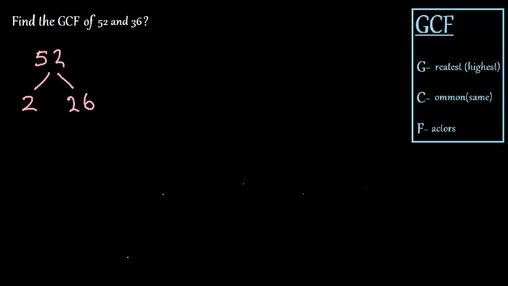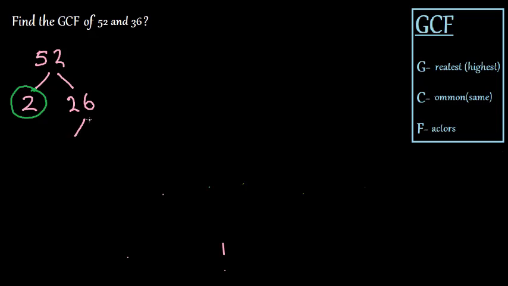Also, if you don't know what prime numbers are, you can go back to the factors and multiples video and check out what prime numbers are. Now we're going to circle the prime number. 2 is a prime number, but 26 is not, so we're going to keep on dividing 26.